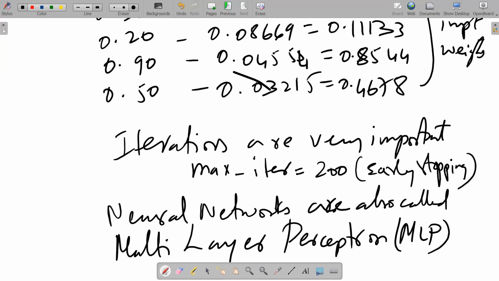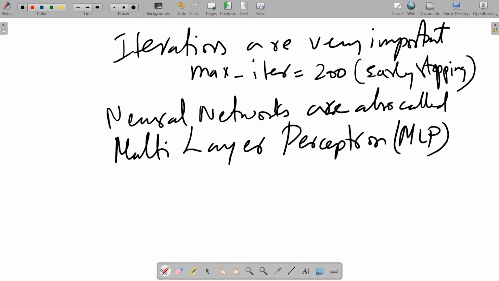But in advanced neural networks, when you are doing deep learning, you can define it based on the requirement, the data size, and the computing size. And one more thing is, scaling of data is a must.